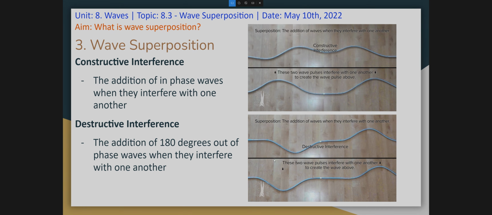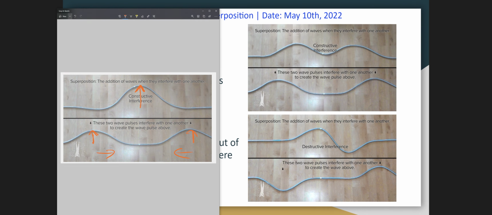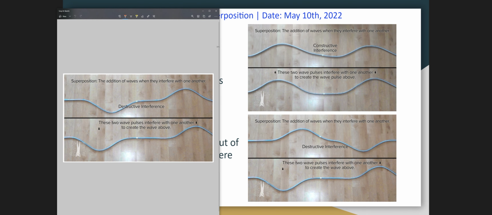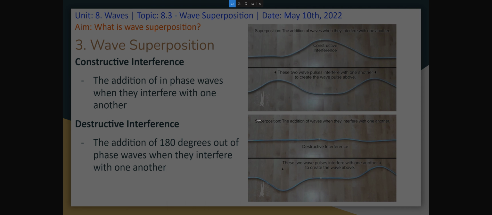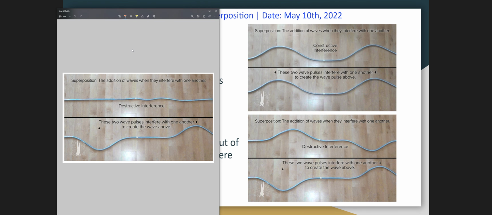And now destructive interference, on the other hand, well, hold on, let me just take a new picture. It's when they cancel each other out, they're out of phase waves, right?